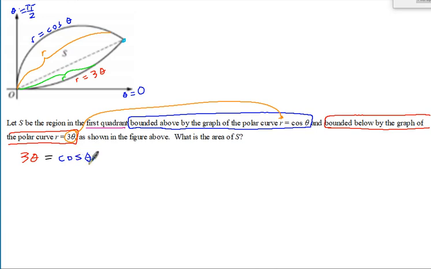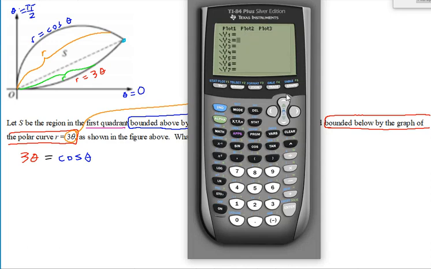And again, because one theta is inside cosine and one is not, this would be kind of tough to solve by hand. So our calculator can enter in one of these as 3x. We'll just use x instead of theta, and the other is cosine x.